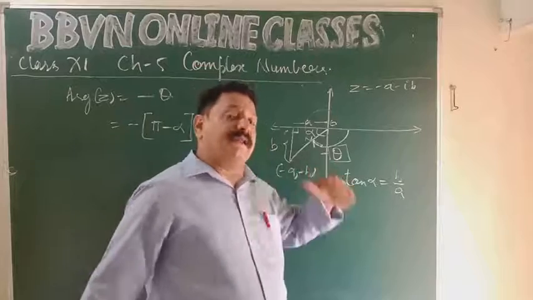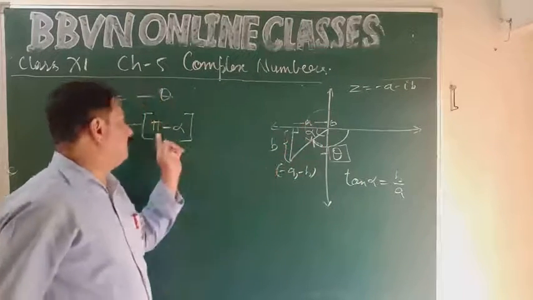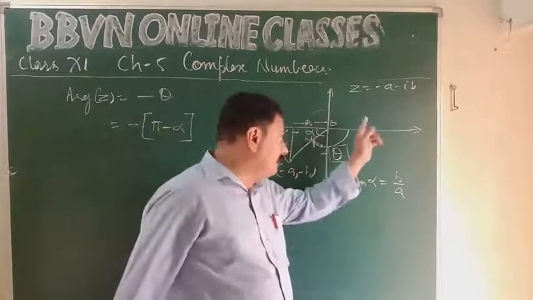If this z had been in the second quadrant, what did we write? Theta is pi minus alpha, right? Now in the third quadrant, meaning an obtuse angle in the negative direction.